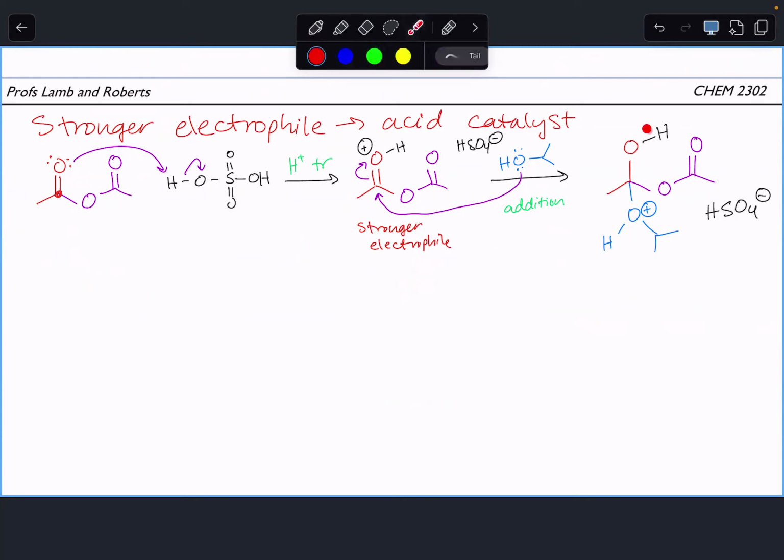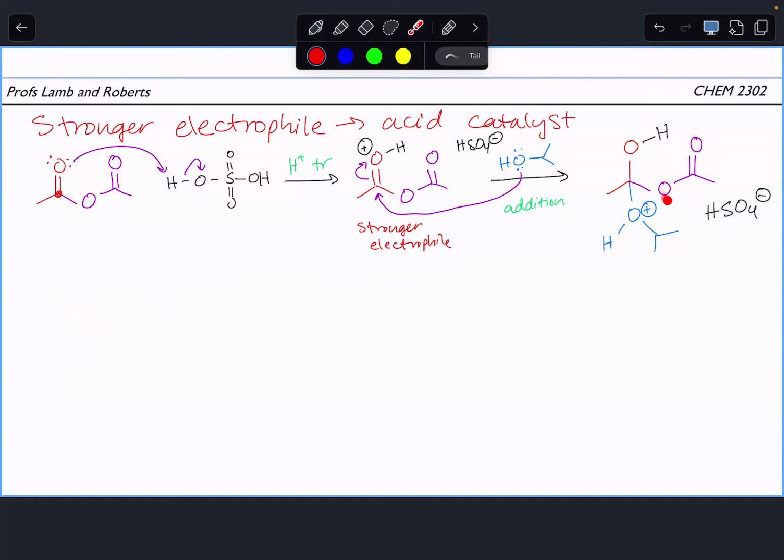Now, our carbonyl oxygen is neutral, right? Because it has that extra proton on it, which is fine. But our nucleophile is positively charged. Again, we don't want our nucleophile to be positively charged at the end of this reaction. So we need to deprotonate it. We also generally don't want to make negative charges in very strongly acidic media, right? And so we often in strongly acidic media will protonate our leaving group before it leaves.